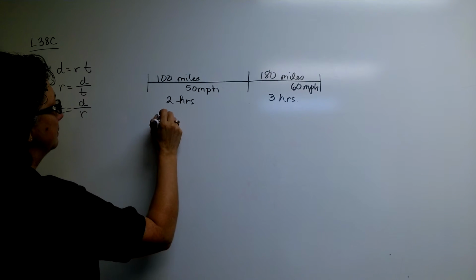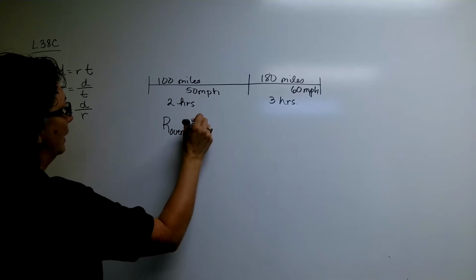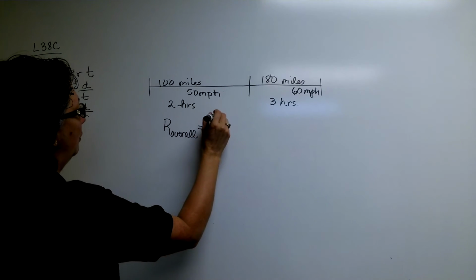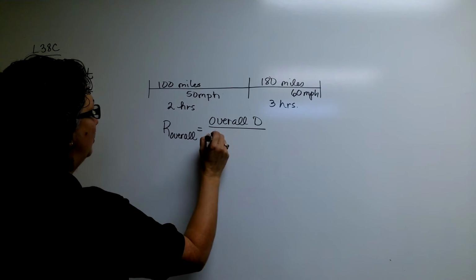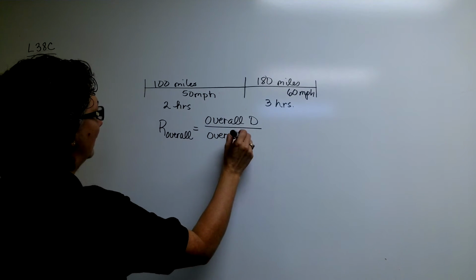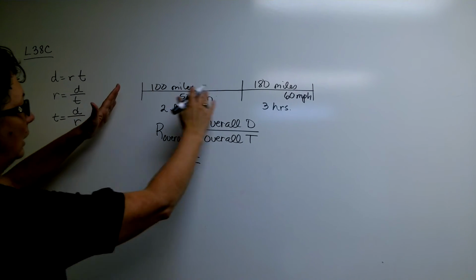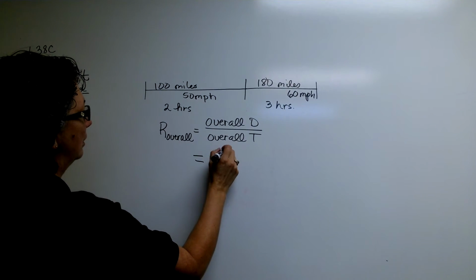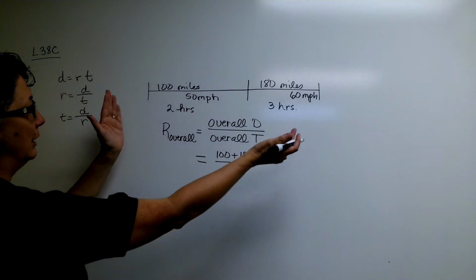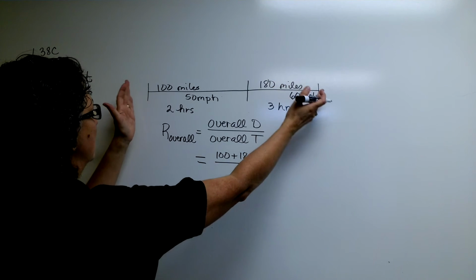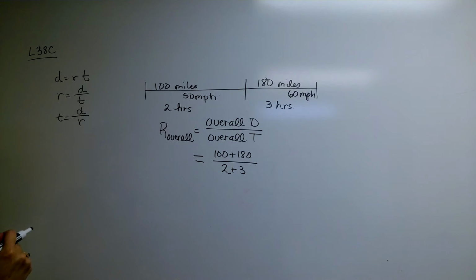Overall rate is the overall distance divided by the overall time. In this case, they went a total distance of 280 miles, and a total time of 5 hours.